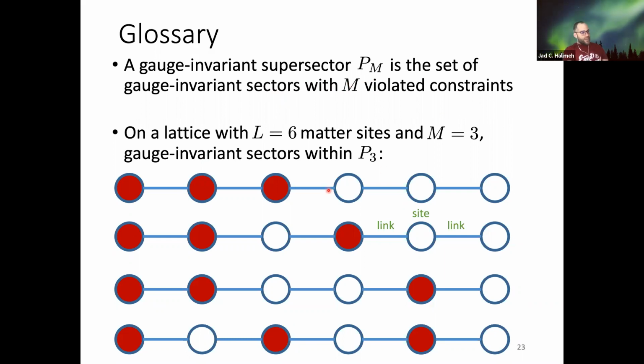Pictorially, imagine every matter site, every white matter site indicates that Gauss's law is preserved there. If it's red, that means it's violated. So in the gauge invariant supersector M equals 3, basically I have exactly 3 of these local constraints broken. All right, and these are possible configurations of them.